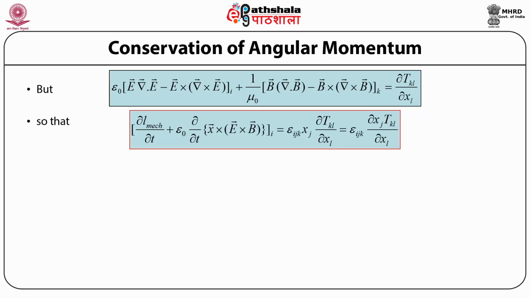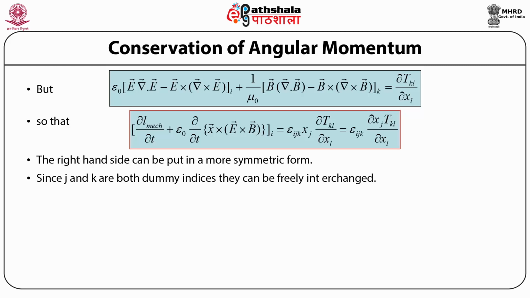So we can put the right hand side of the above equation in a more symmetric form. Since both subscript j and subscript k are dummy indices, they can be freely interchanged. Further, if we interchange any two of the indices, then the permutation tensor epsilon subscript I subscript j subscript k is antisymmetric.